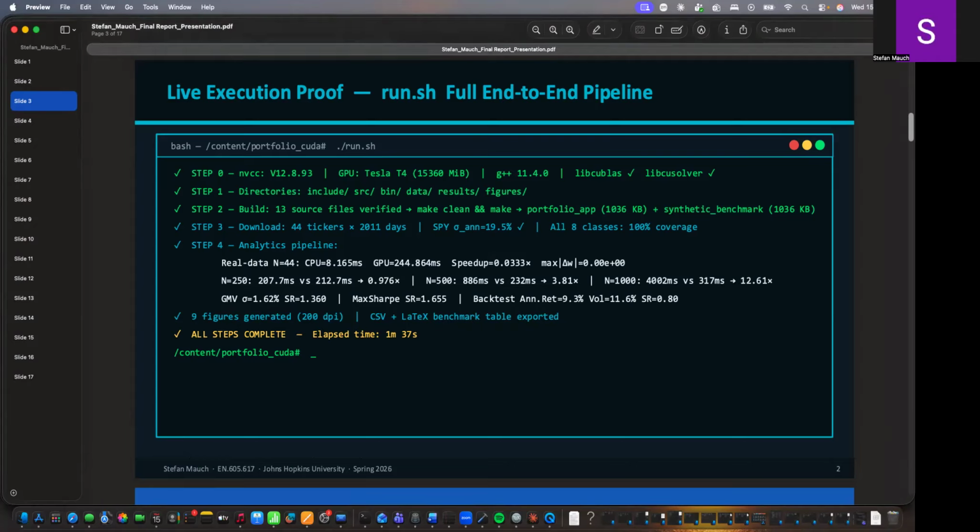So we're talking about fixed income, equity, international versus domestic, real assets, commodities, and others. I will have another slide prepared for you, and then it runs both the CPU solver and the GPU solver on exactly the same inputs, generating all the benchmark figures, exporting the tables, and coming up with some nice visuals as well.